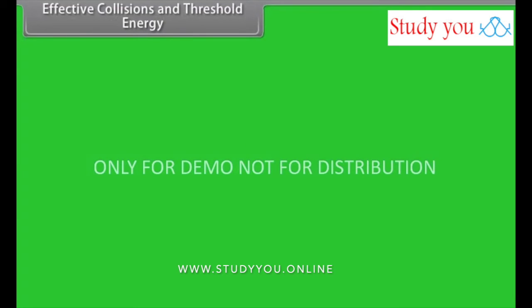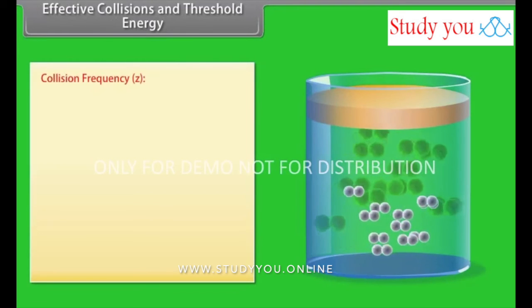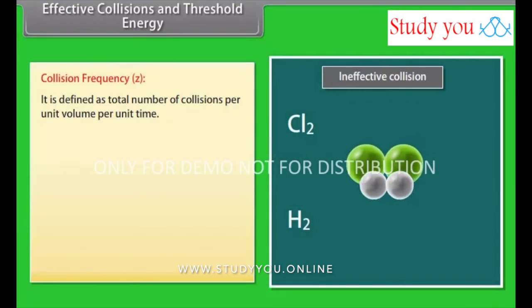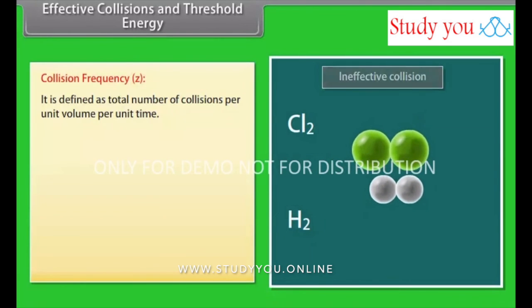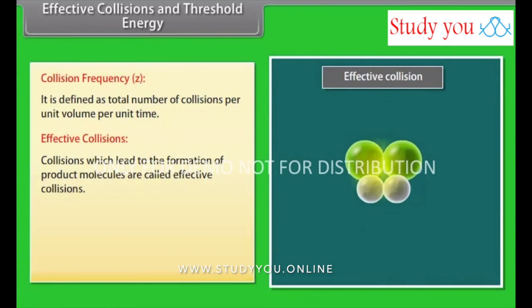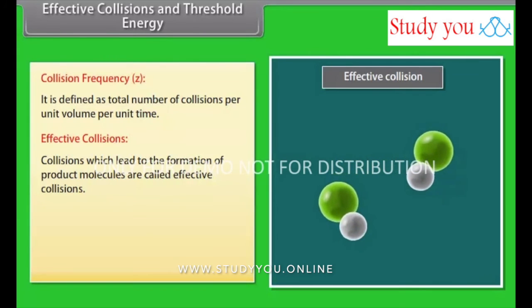Effective collisions and threshold energy. Collision frequency is defined as total number of collisions per unit volume per unit time. Effective collisions: collisions which lead to the formation of product molecules are called effective collisions.